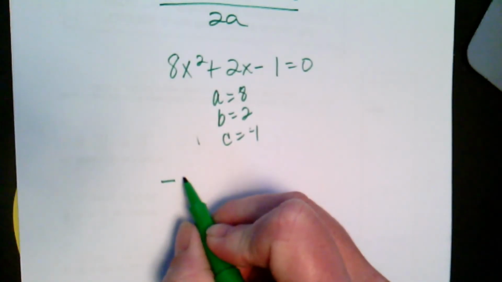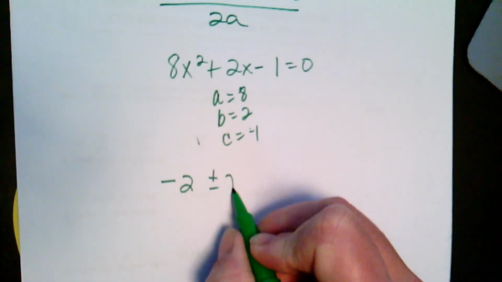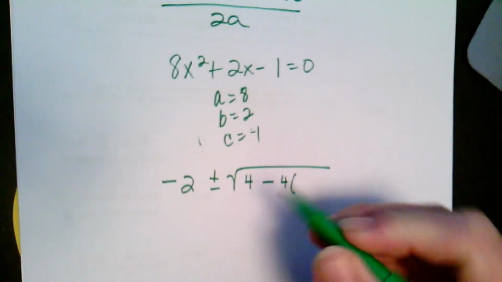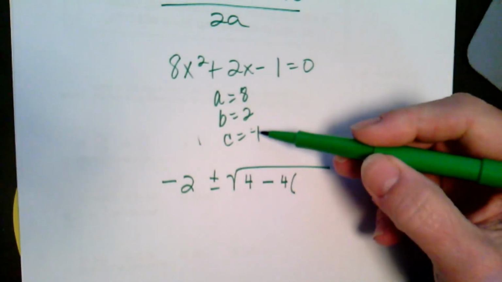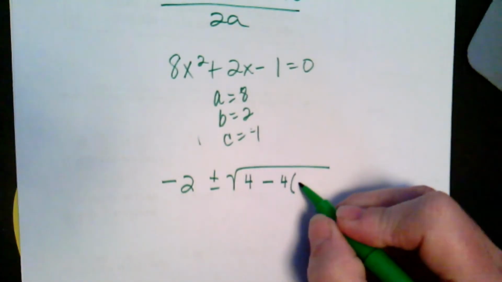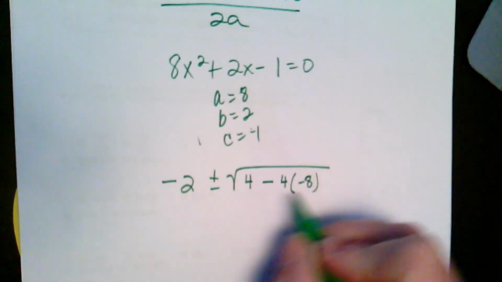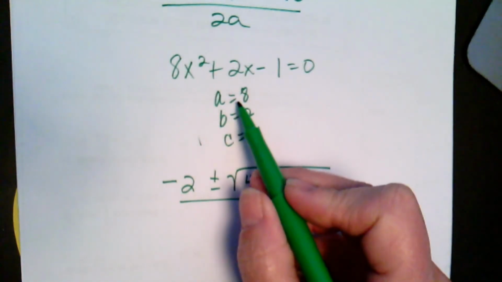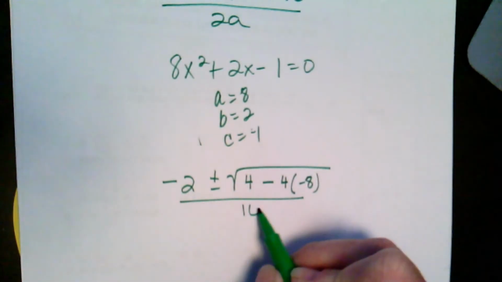So we do minus B plus or minus the square root of B squared, take away 4 times A and C. So A is 8, C is -1, so that'd be -8. And then all over 2 times A, so that would be 16 for our bottom.